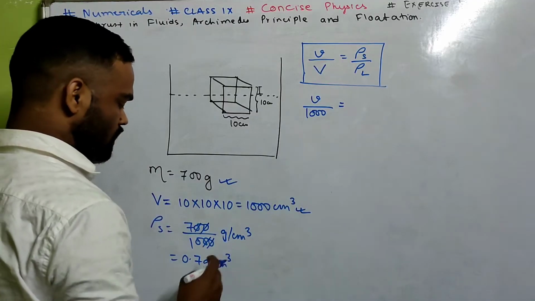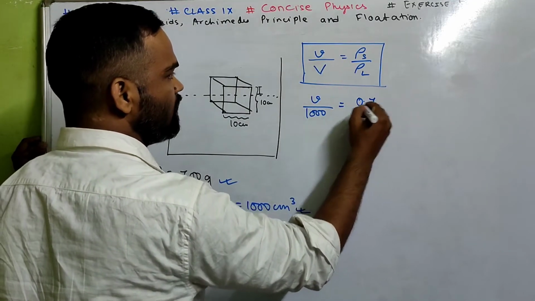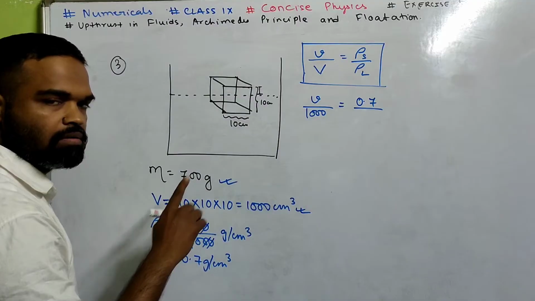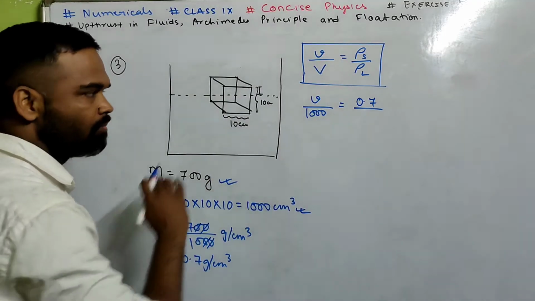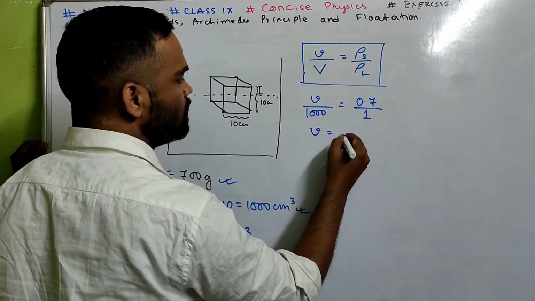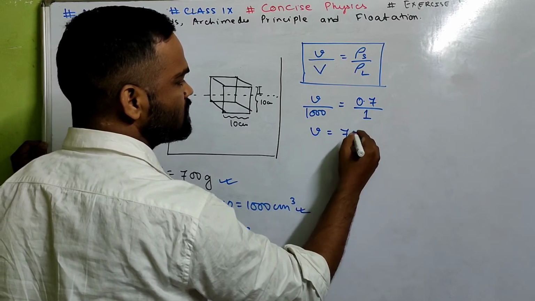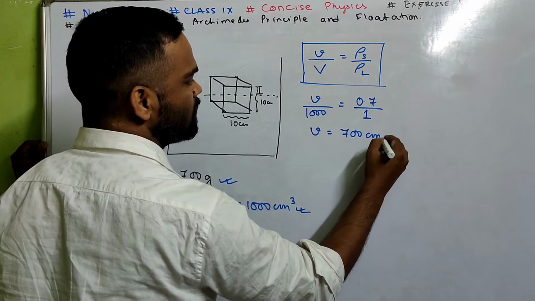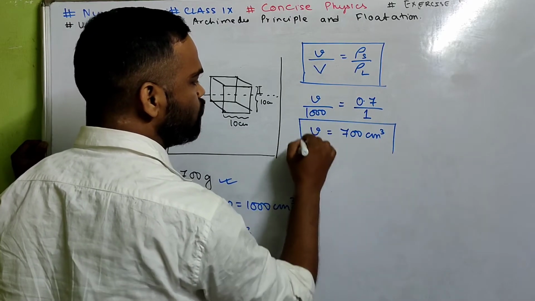Density of the solid is 0.7 and density of the liquid, which is water, is 1 gram per centimeter cube. So the volume inside water is 1000 into 0.7, which is 700 centimeter cube.